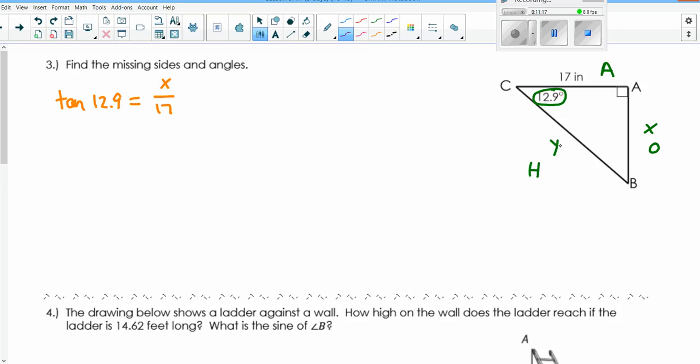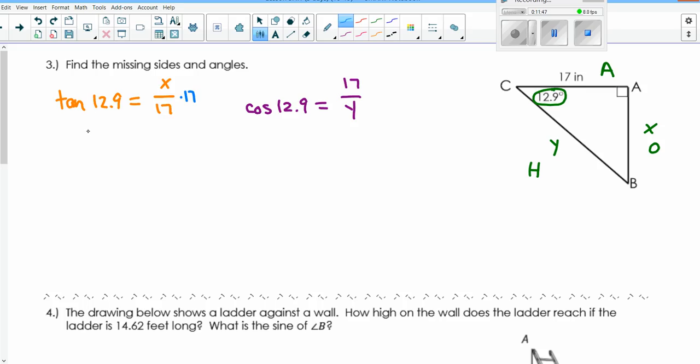Okay, now let's say I want to solve for Y. Well, then I'm using my hypotenuse and my adjacent, and cosine uses my adjacent and my hypotenuse. So I'm going to say the cosine of 12.9 degrees equals my adjacent side over my hypotenuse, which I called Y. Okay, so again, over here, anytime that we have a denominator, we're always multiplying by the denominator.